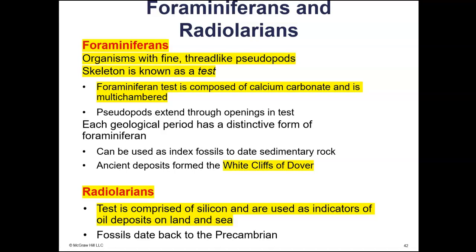The fossils or deposits made by the shells of the foraminiferans have formed the White Cliffs of Dover, which you can Google. The radiolarians also have a test, but it is composed of silicon, so it's more of a glassy type test rather than a chalky one.